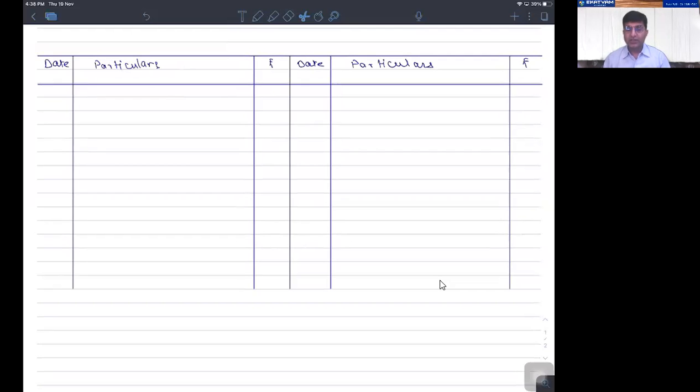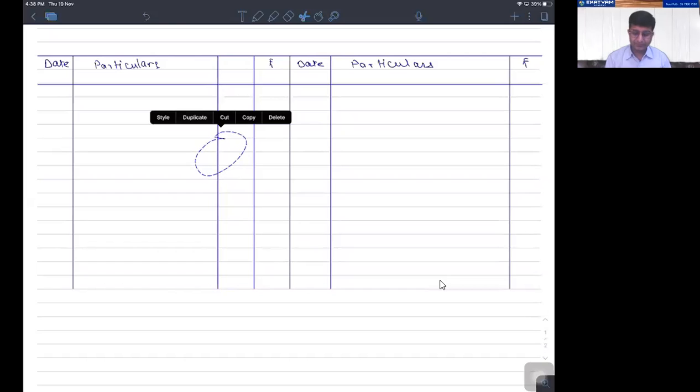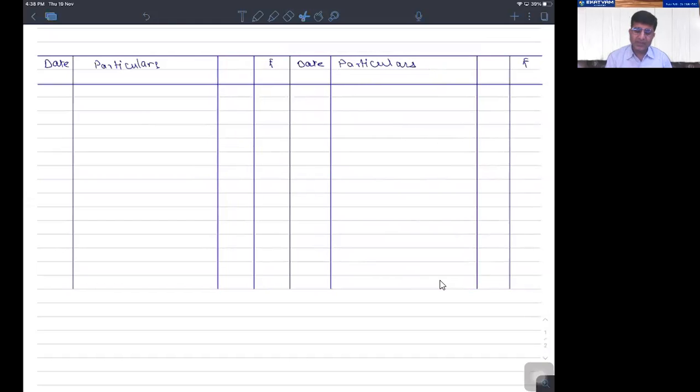All right. But if I draw an additional amount column on both the sides, on each side I'm having two separate amount columns. In that case, it will become a double column cash book, and in a double column cash book, one column will be assigned towards cash and the second column towards discount.